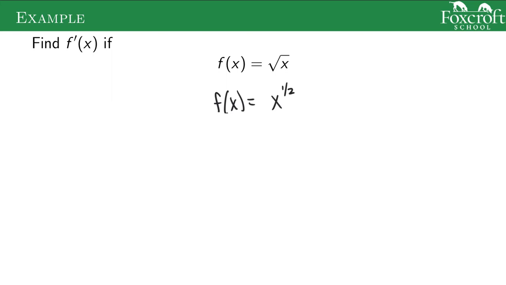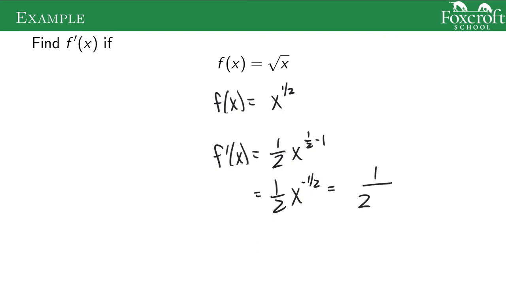So what I can do now is use my power rule, which says I bring down the 1/2 to the front, and then my exponent becomes 1/2 minus 1, which is the negative 1/2. We could leave it like that. We could also rewrite it as 1 over 2 times the square root of x. You can write it a bunch of different ways, but the main thing is rewrite this as a power of x, and then you can use the power rule the exact same way we did in the previous examples.